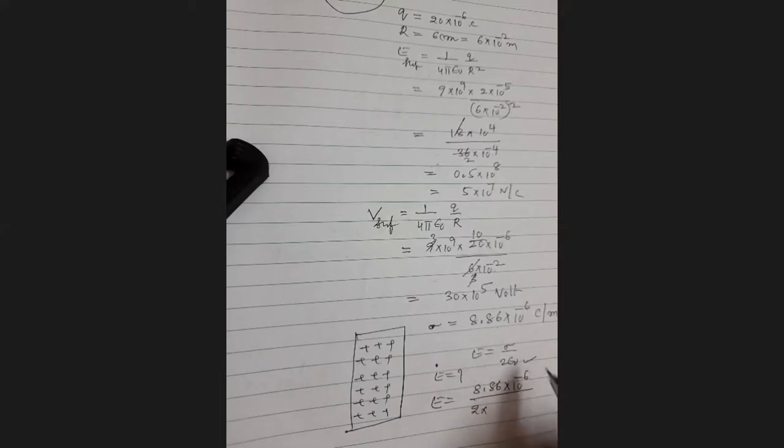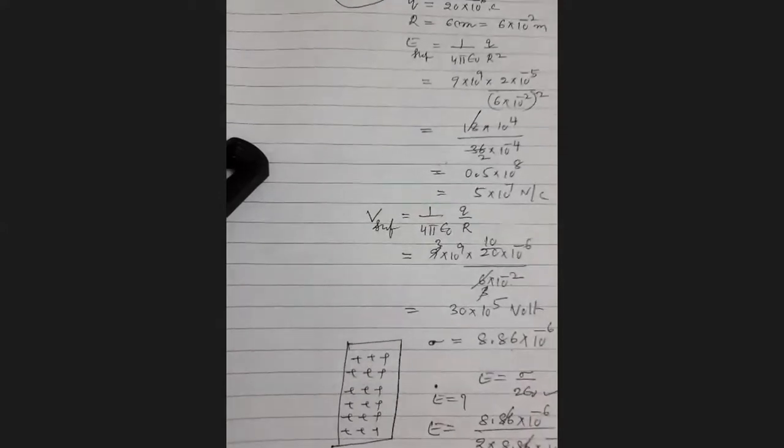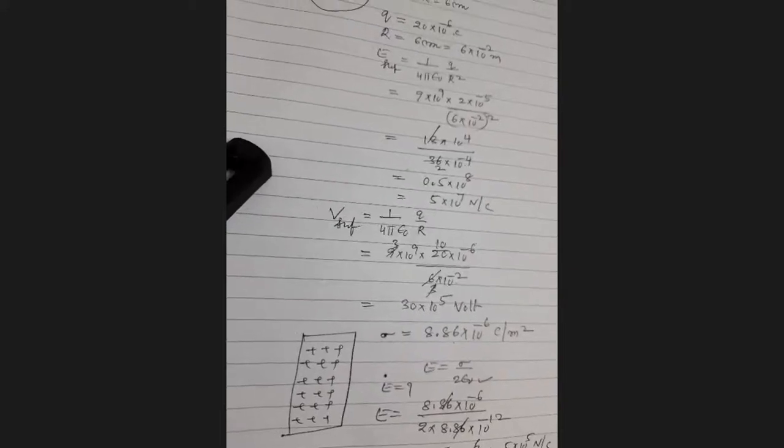Epsilon naught is the permittivity of free space, that value we know 8.86 into 10 power minus 12. This cancels. 1 by 2, 0.5 into 10 power plus 6, that equals 5 into 10 power 5 Newton per Coulomb.